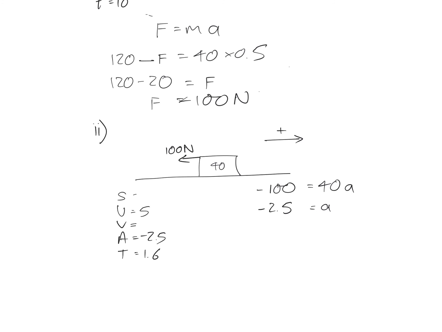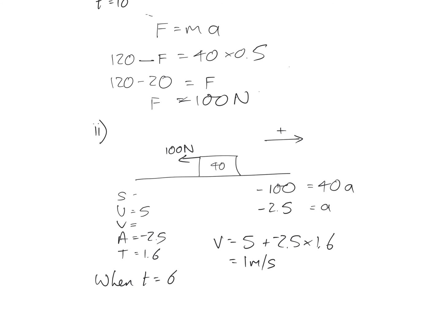Let's start with 1.6. So V equals U plus a times t, which is 5 minus 2.5 times 1.6, which is 1 meter per second, so it's slowing down. When T equals 6.